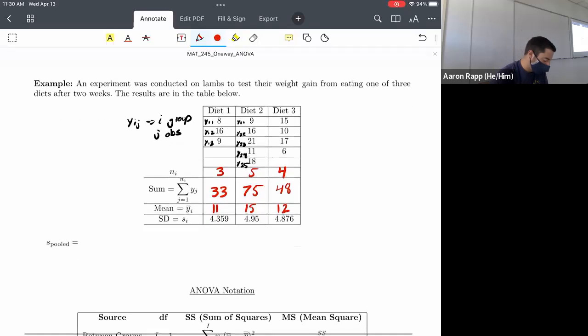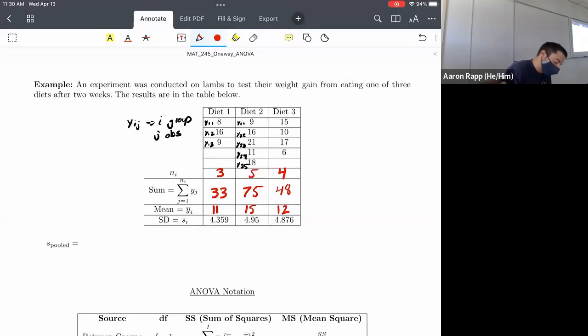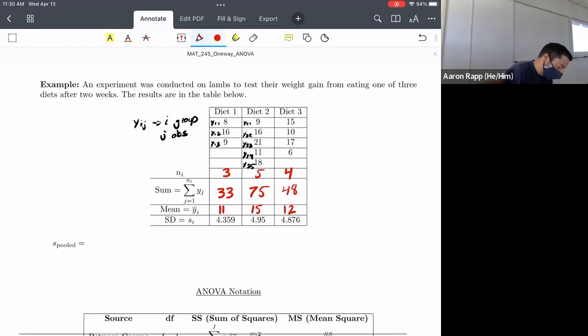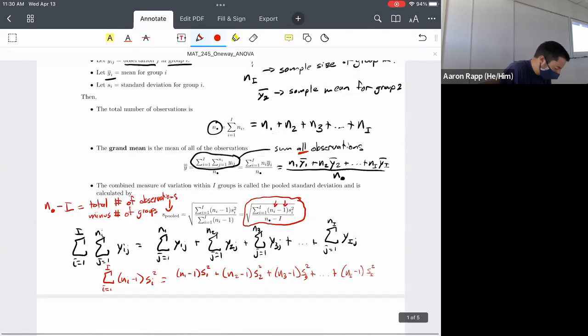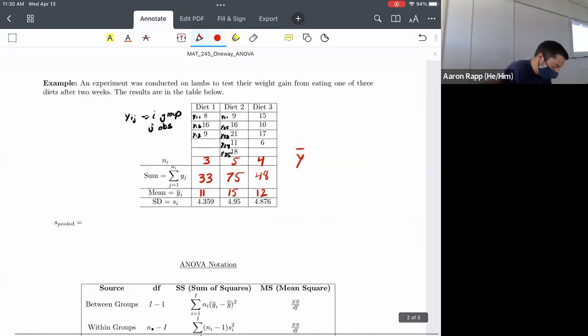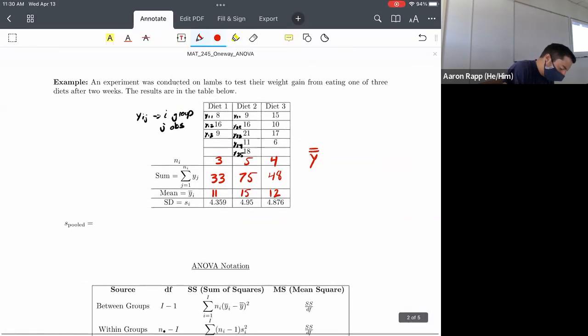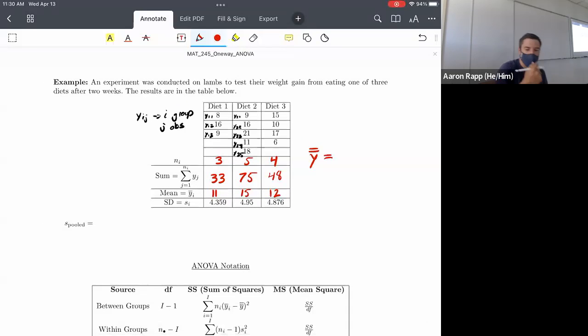So we had the standard deviations. One thing I want to ask is, I should have had the double line over notation. What is the grand mean for this data? There's a couple different ways I can go about doing it.